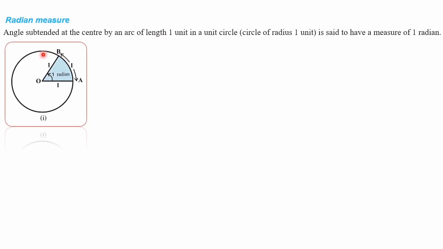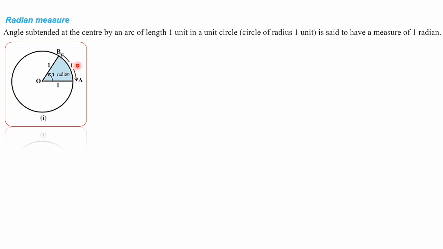So here you can see this is a unit circle. Unit circle means circle having radius 1 unit. You can see here OA is the radius and OB is also radius. So these two radii are measured as 1 unit. And the length of this arc between the point A and the point B, which we have considered, is 1 unit.